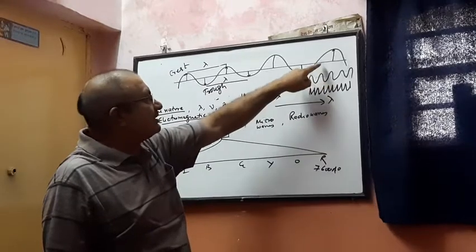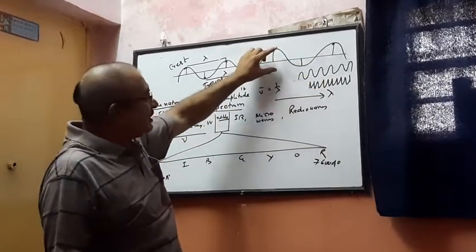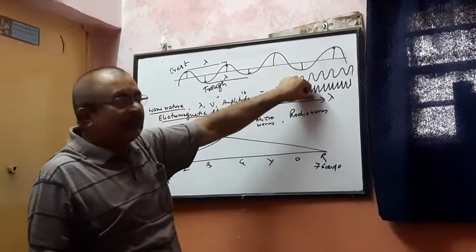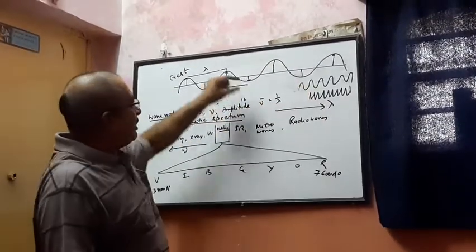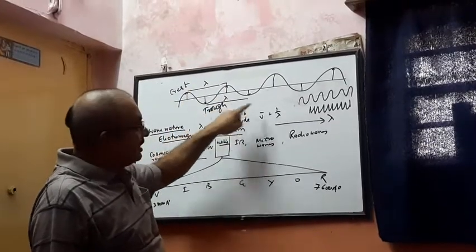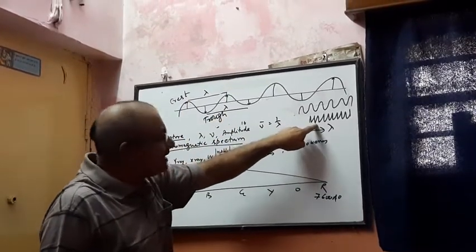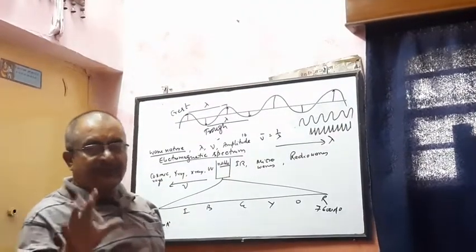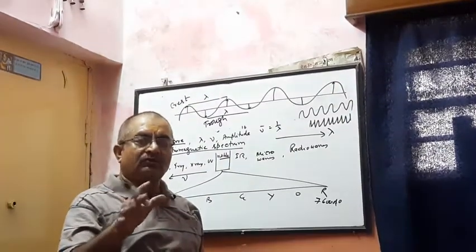So taking 3 waves, wave number 1, 2 and 3, wavelength is maximum in the first case and frequency is minimum there. Wavelength is minimum in the last case and frequency is maximum there. It means frequency is just opposite to wavelength.